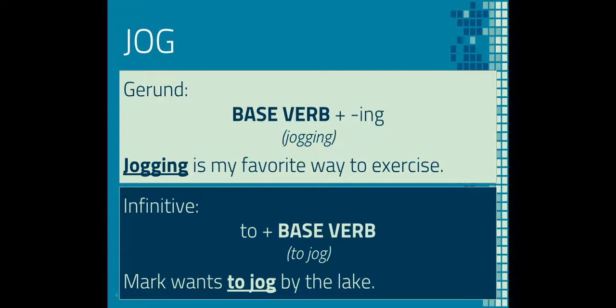All right. And Mark wants to jog by the lake. Okay. So how do we decide which one we use, right? How do we decide gerund or infinitive? It's a little tricky. There are a couple of rules. In the subject, you can use both.